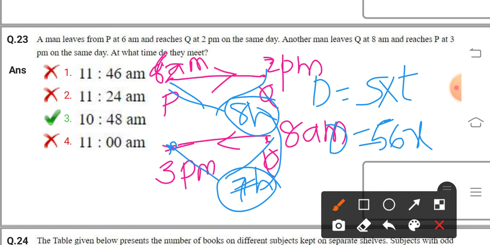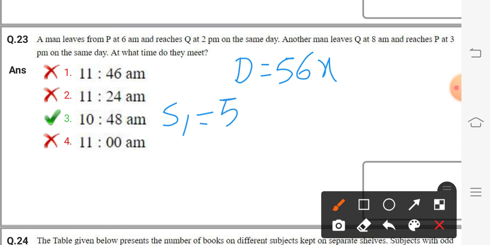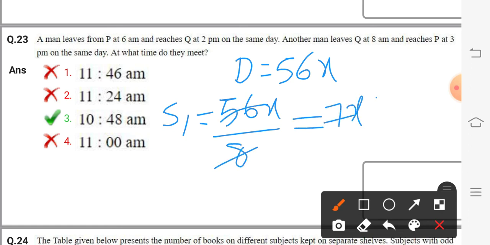The first person's speed is distance by time. 56x is the distance, and he travels it in 8 hours. So his speed is 7x kilometers per hour.